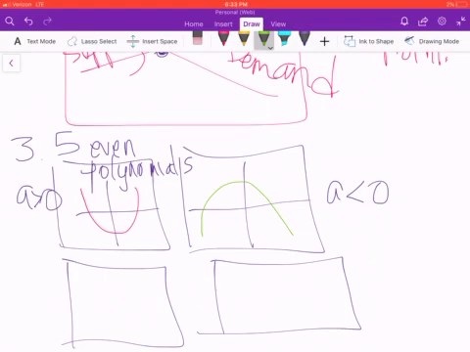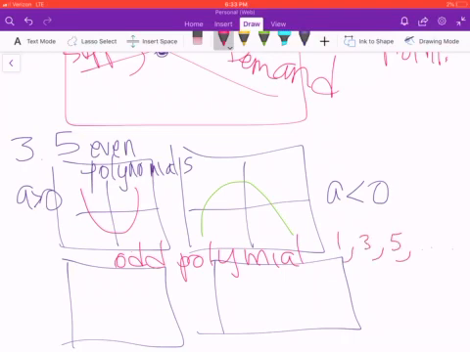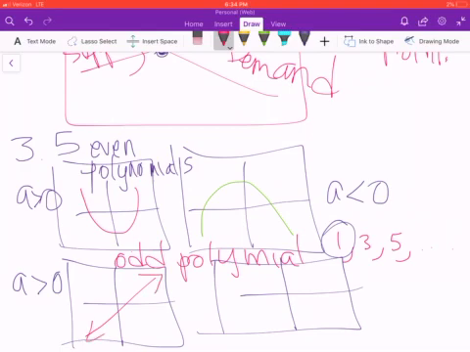Now, let's move on to odd polynomials. So those are the ones with degrees that are 1, 3, 5, and so on, right? So for those, the smallest degree that we can have is a linear function, degree 1. So remember that a linear function with a positive slope will be going like this.